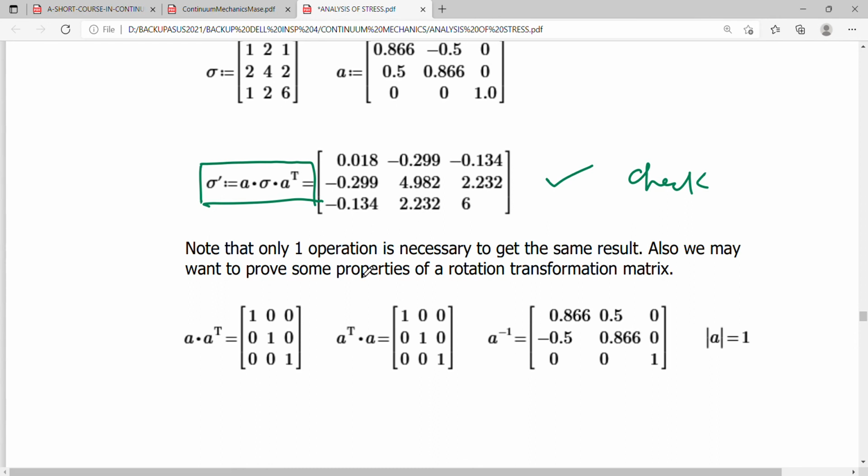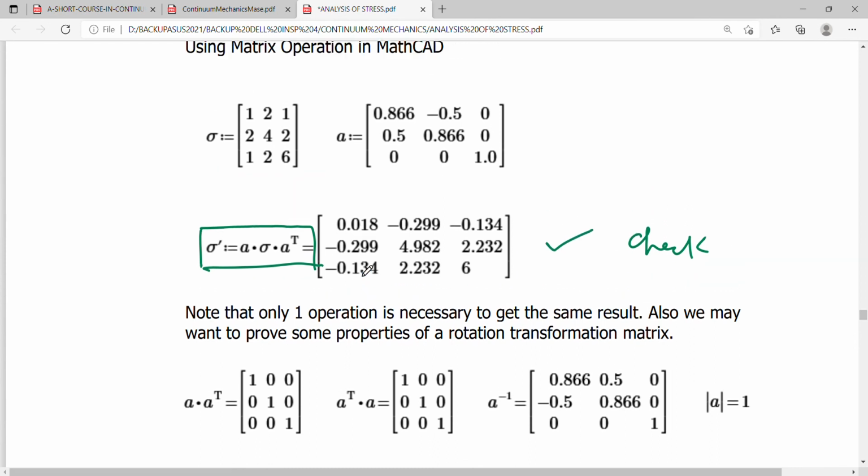Okay, so note about the operations we have done, and take a good look on how the properties of the rotation transformation matrix can be checked. No? So it's a good thing to note that the product of a transformation matrix and its transpose is, what's this? This is a delta ij. Okay?